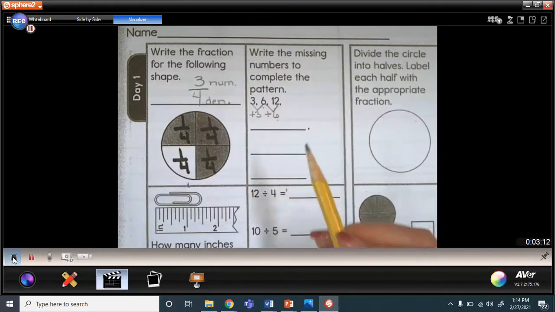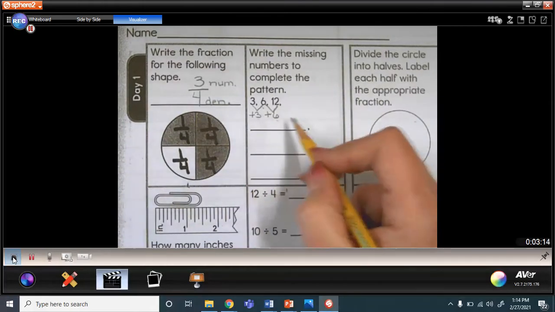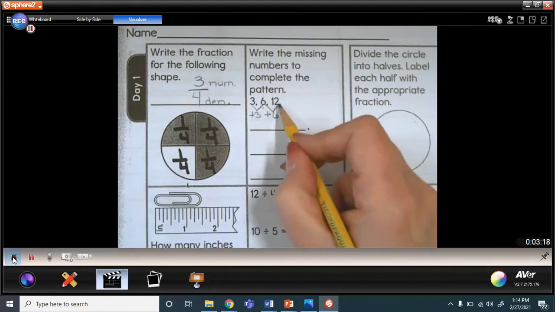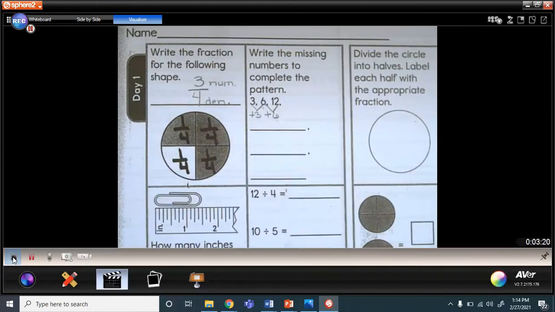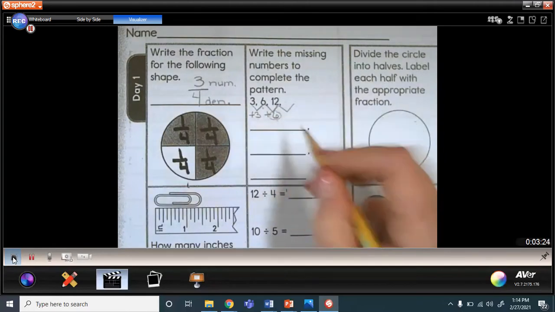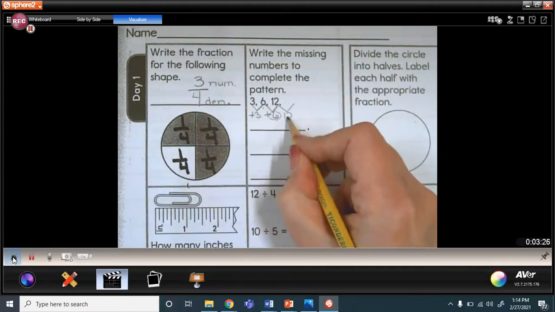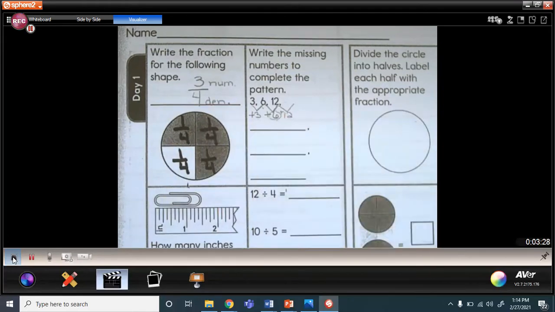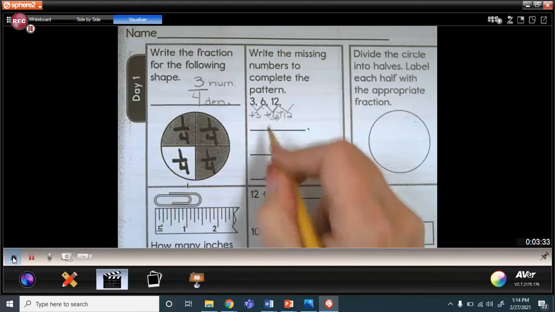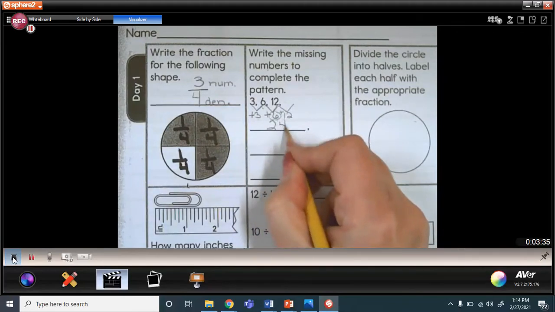So when we double something, that means we multiply it by 2, correct? And so if I multiply 12 by 2, or I double this 6, I would be adding 12 more, which is a double of 12. So 12 plus 12 would be 24.